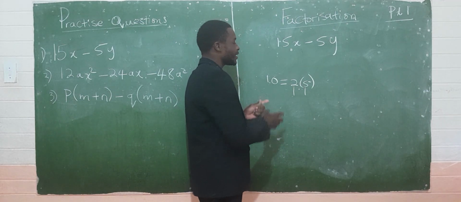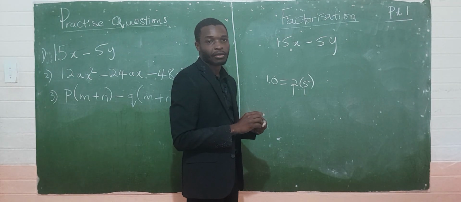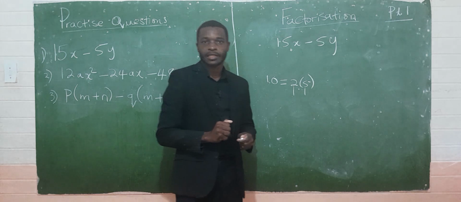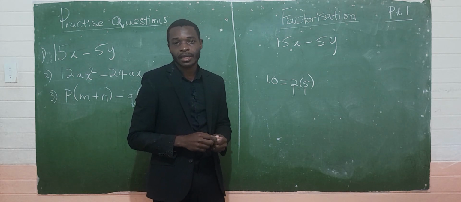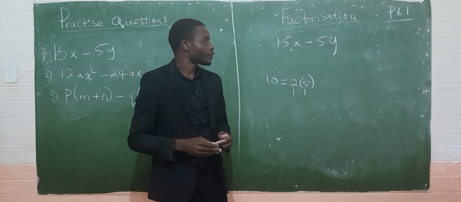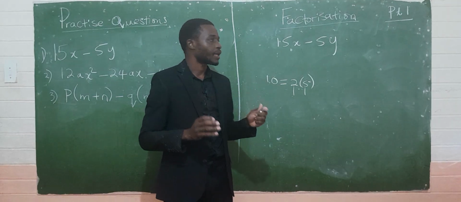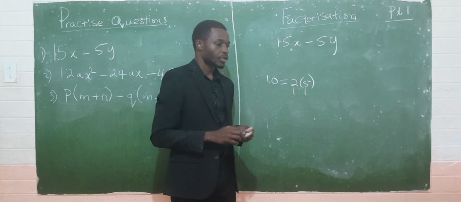Factors are things that get into 10 without leaving a remainder. Therefore, for this expression, as much as it involves x and y, you are required to find two factors that when they are multiplied, they can still give us this expression.